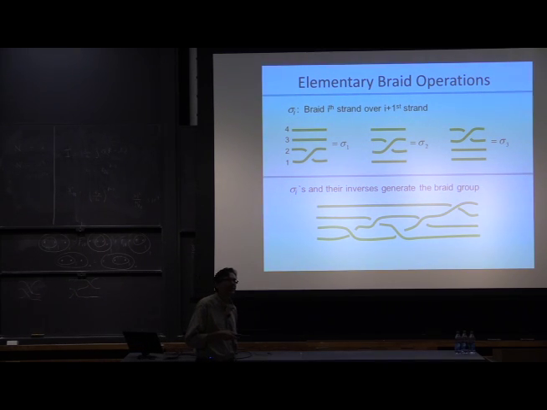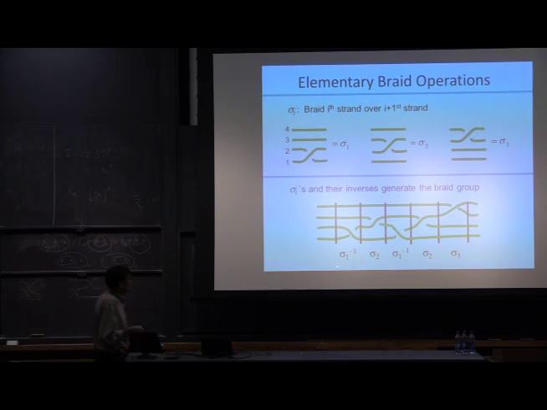Any braid can be built out of elementary operations in which I'm just interchanging, or braiding, neighboring pairs of strands. For example, sigma 1 would be braid strand 1 over strand 2, sigma 2, 2 over 3, sigma 3, 3 over 4, and so on. Any braid you write down can be expressed as a product of these elementary braid operations or their inverses. This is sigma 1 inverse because here the top strand is going above the bottom strand.